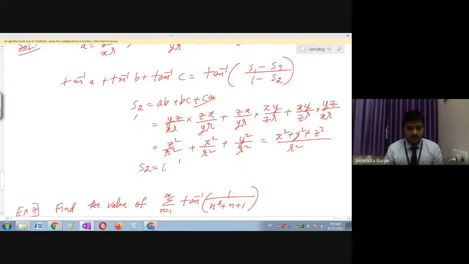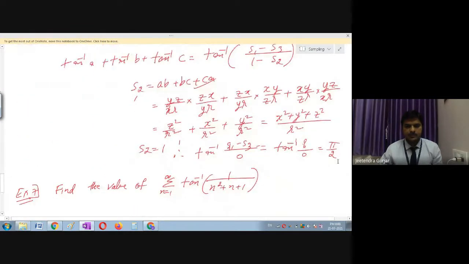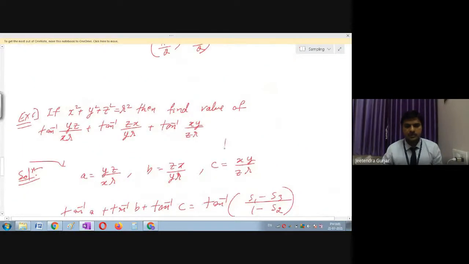So when S2 is equal to 1, therefore you can substitute in the equation, it will be tan inverse 1 upon S1 minus S3 upon 0, means this is tan inverse not defined, right? So tan inverse of something divided by 0 is always pi by 2. So therefore you can easily choose the answer here, pi by 2. So this answer you are going to get, this is equal to pi by 2.